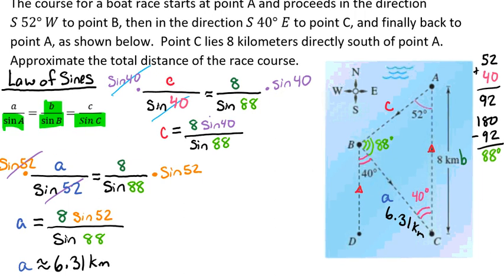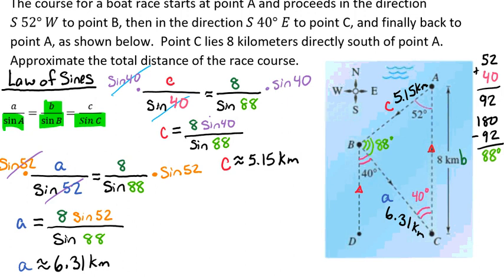So we have 8 times the sine of 40 all over the sine of 88, and when we plug that into the calculator, C is about 5.15 kilometers.